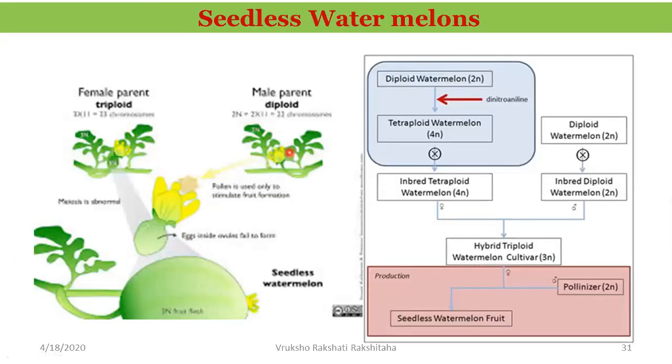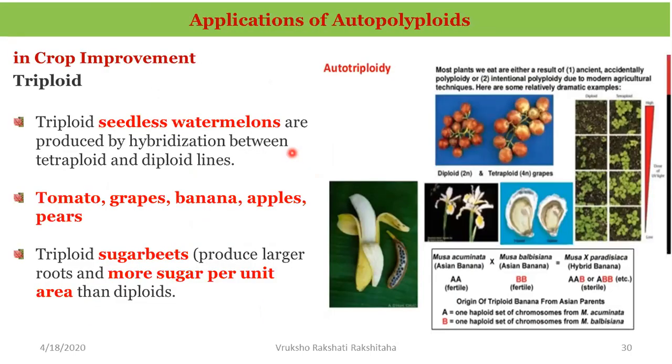Just in case you're curious about how the seedless watermelon arises, that's why I've added this pic. Usually these triploid plants do not produce seeds. These fruits either have very few seeds or the seeds are completely absent, and they're called seedless varieties.